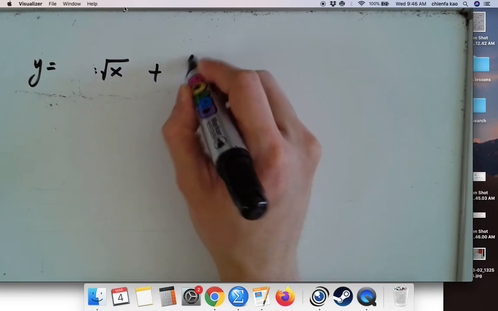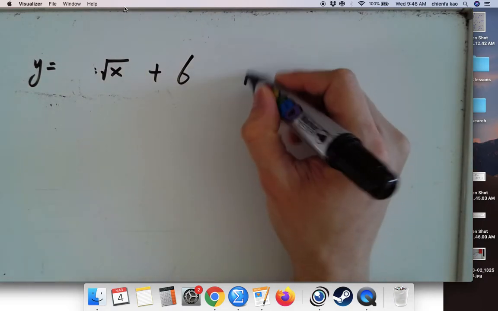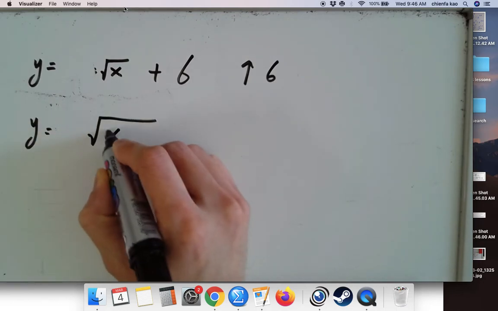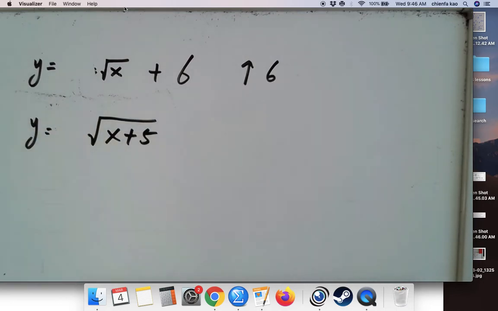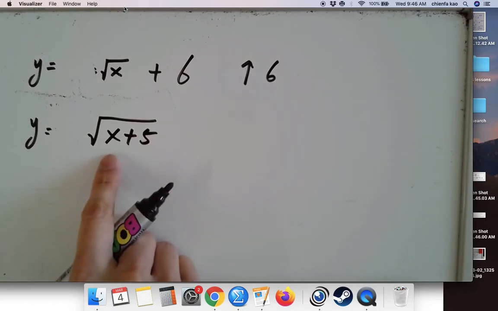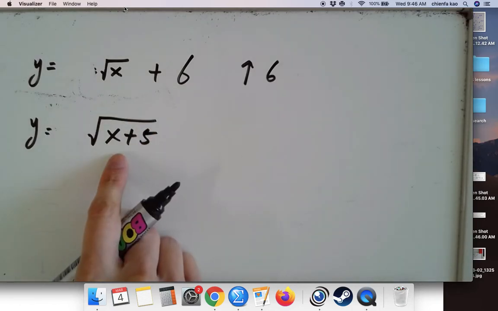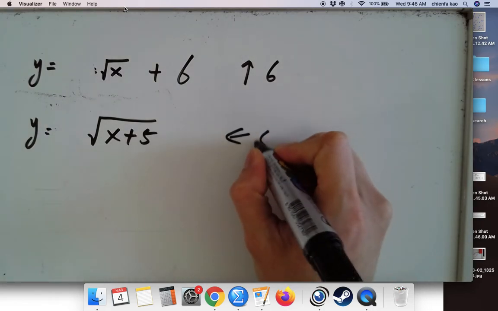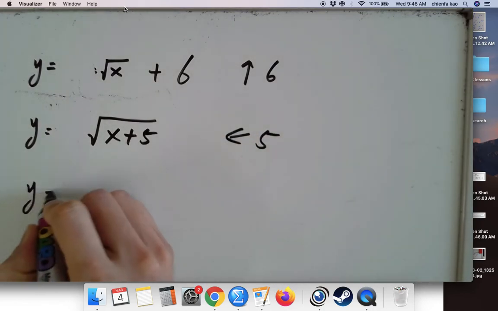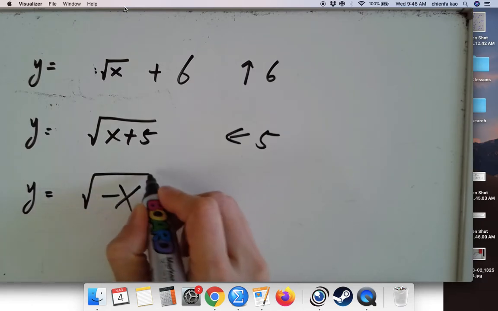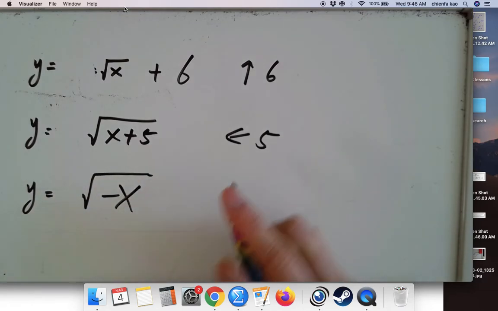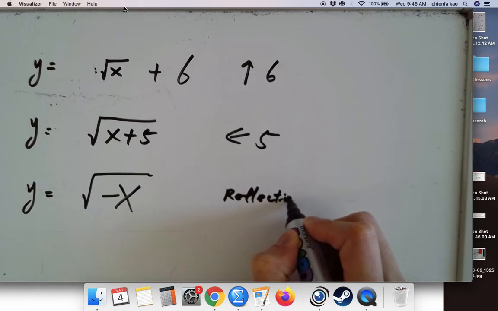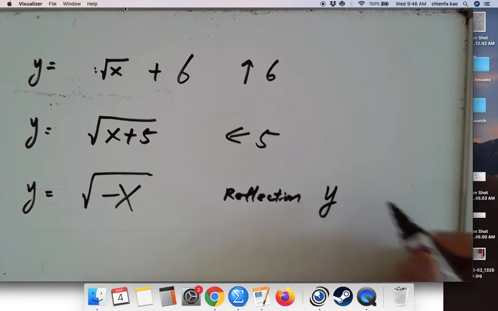Okay, this one, what does it do? Up 6. Okay, what about this one? How do you shift this function from the parent function? Left 5. What about this one? Okay, this one is a reflection across the y-axis.